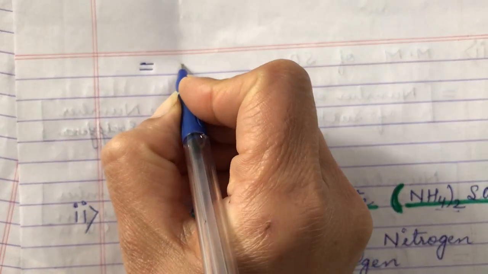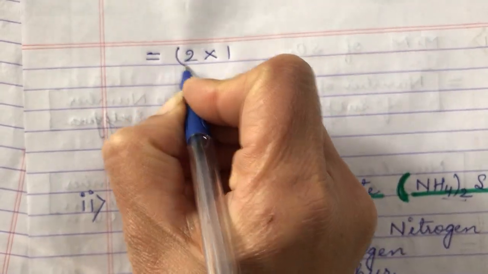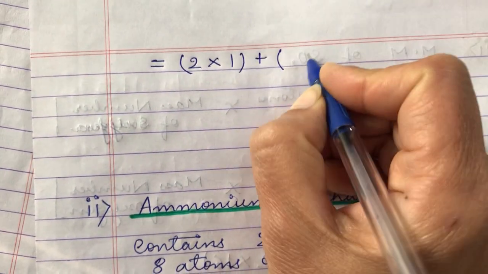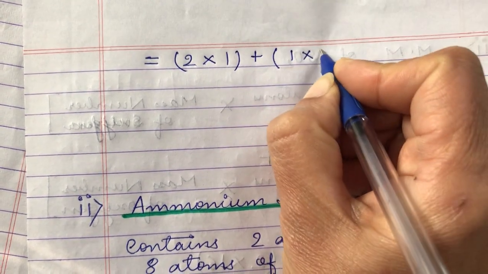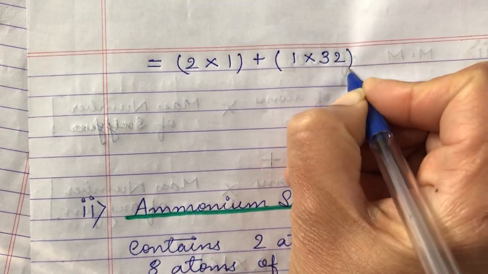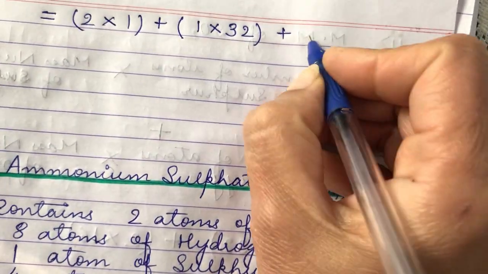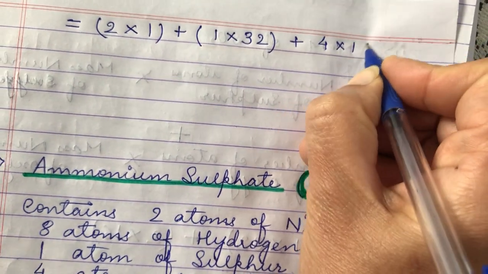So it is simply going to be equal to the number of atoms of hydrogen, which were 2 in sulfuric acid, so we multiply it by the mass of hydrogen, which is 1, plus the number of atoms of sulfur in sulfuric acid, which is just 1 sulfur atom, and the mass of sulfur atom is 32. So we multiply it with 32, plus the number of atoms of oxygen, which are 4 in sulfuric acid, and the mass of oxygen is 16.